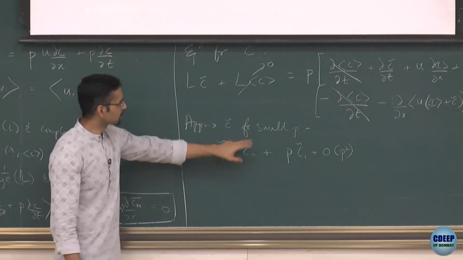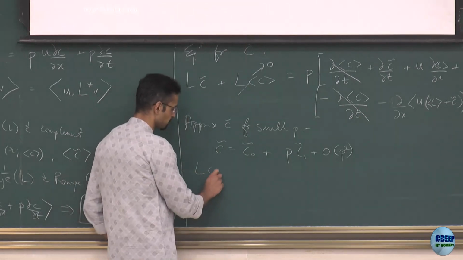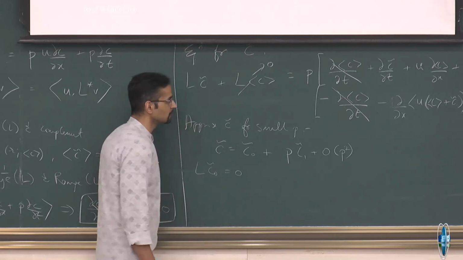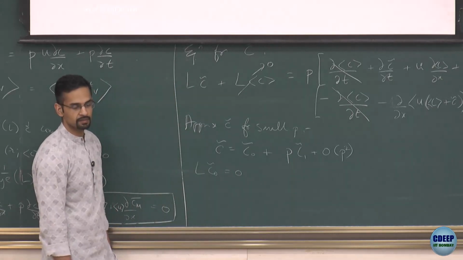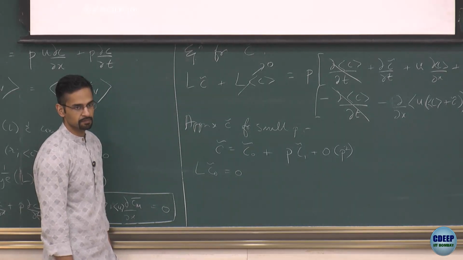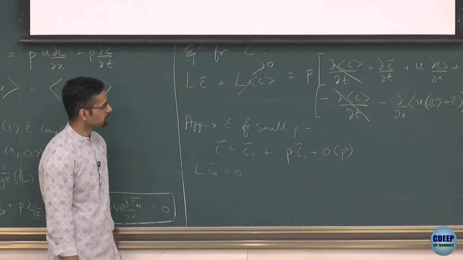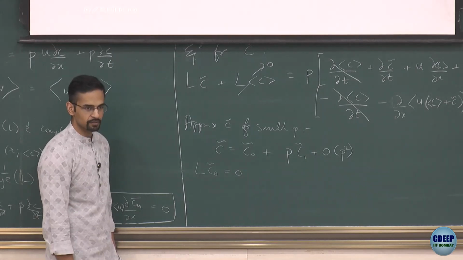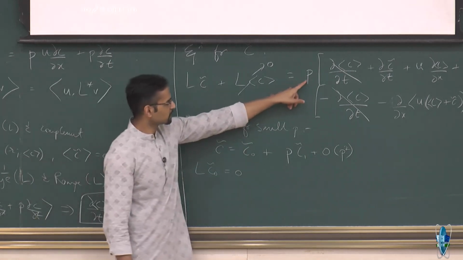So when I do this and I substitute for C naught, I'll get something equal to 0, because Peclet is equal to 0. Okay, the leading order term comes when I compare powers.